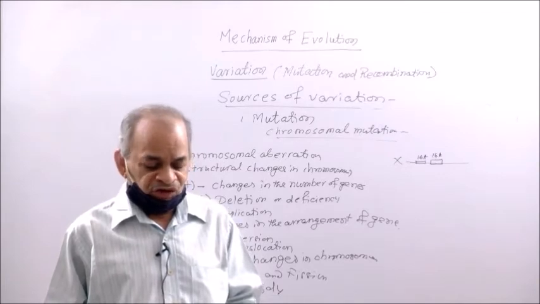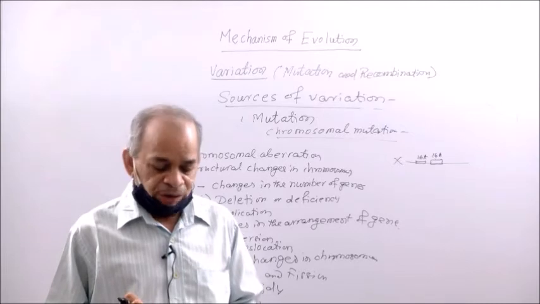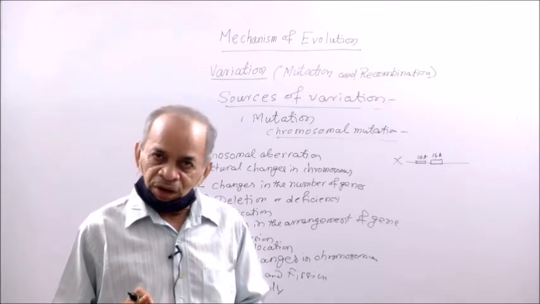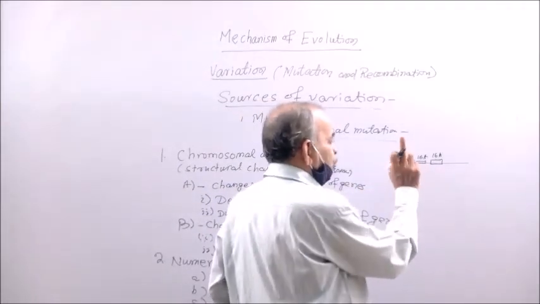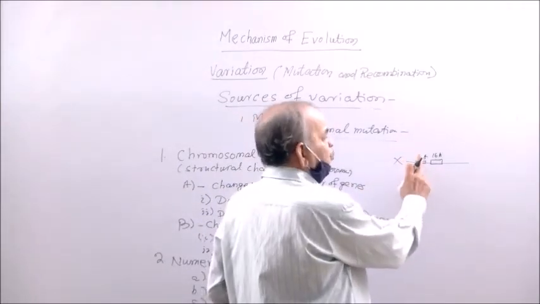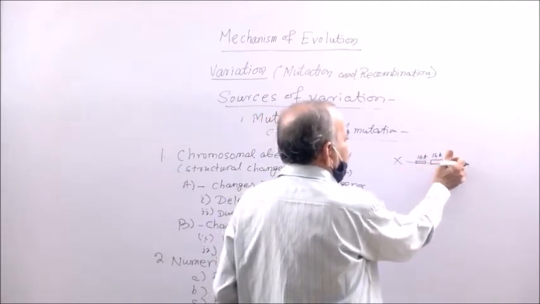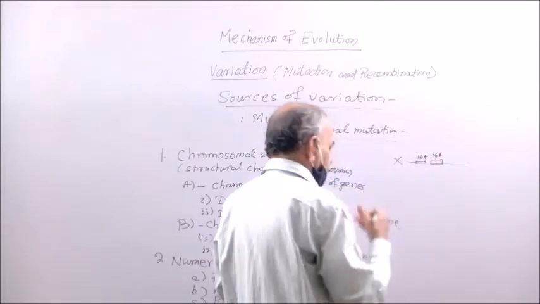Three regions of 16A result in ultra bar. So one single region is the normal eye, two regions give bar, and if three regions are present, then it is ultra bar.